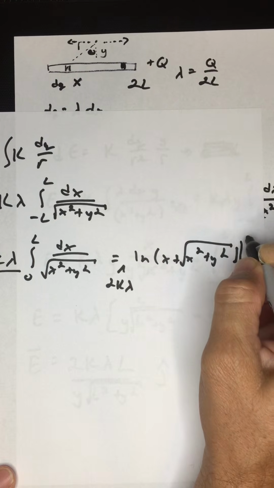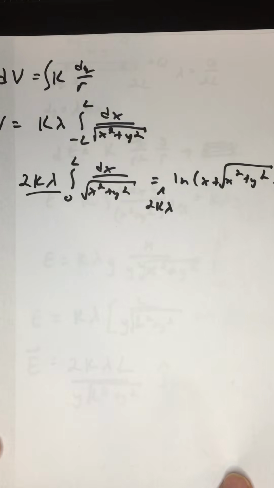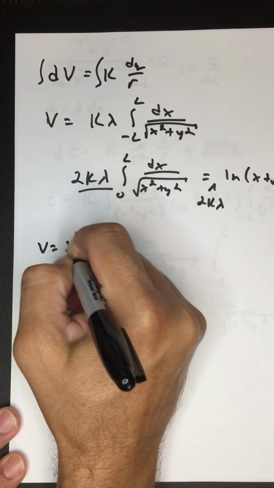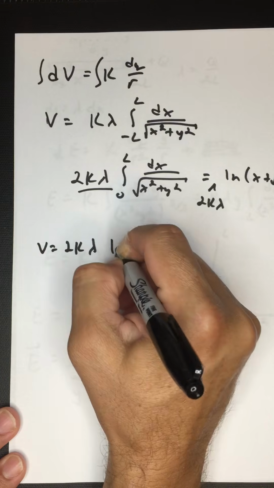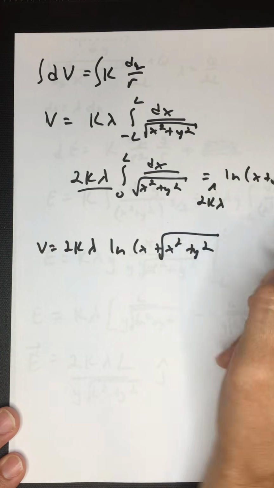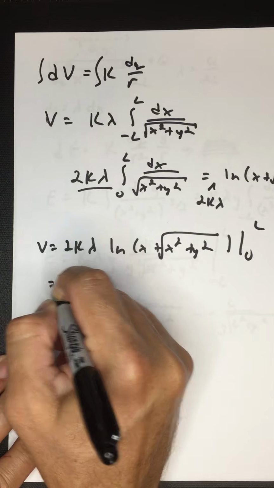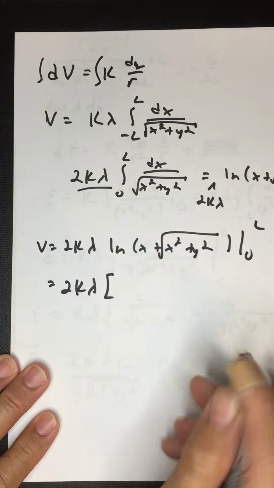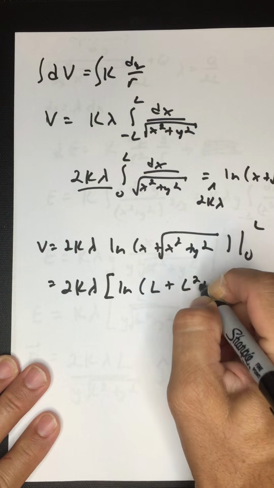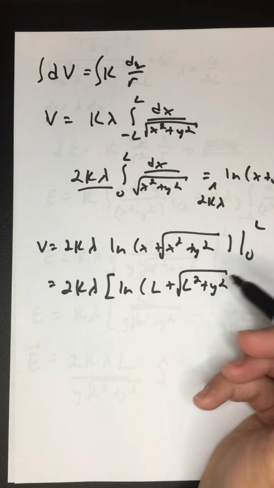And of course, this will be evaluated from 0 to L. All right, so let me scoot that back over and evaluate. 2kλ log of x plus the square root of x squared plus y squared, evaluated from 0 to L. At the upper limit, that's pretty simple. I get log of L plus the square root of L squared plus y squared. Remember, x was my integration variable, so I'm plugging in L for x, not y.